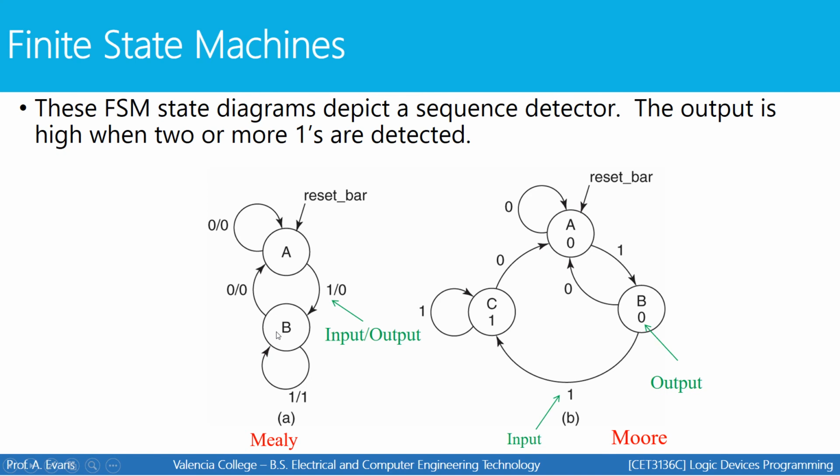As soon as the input changes to 0, the output changes to 0, and we go back to state A. So this is the Mealy machine, showing that the outputs are a function of the present state and the input. So again, you'll see that the one main difference between Mealy and Moore is you will have fewer states with the Mealy, but the Moore is, in general, more straightforward and easier to conceptualize than the Mealy.